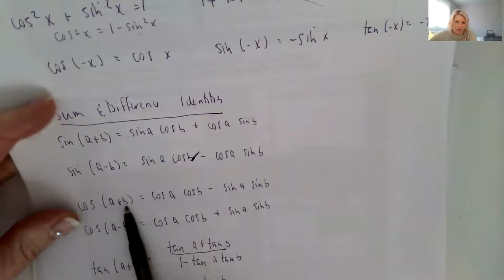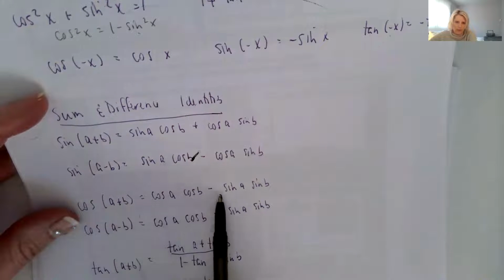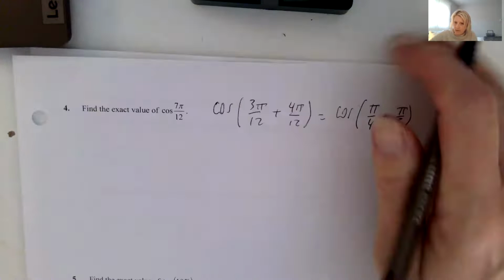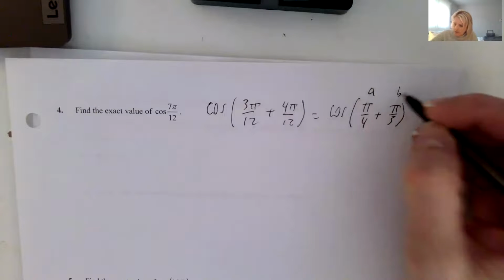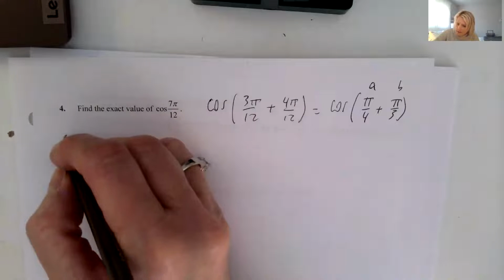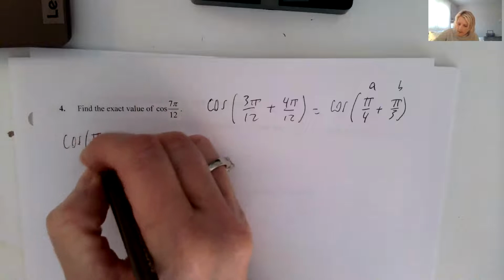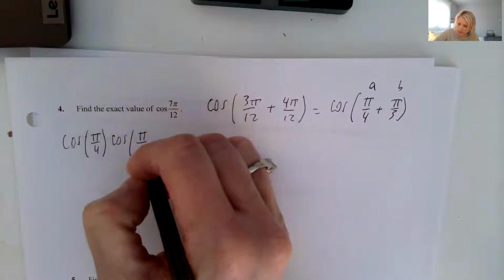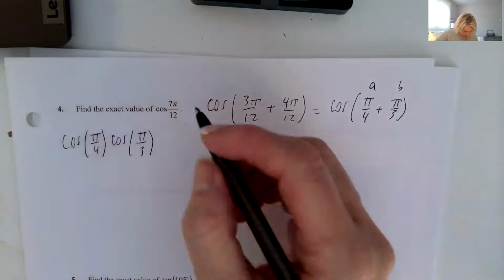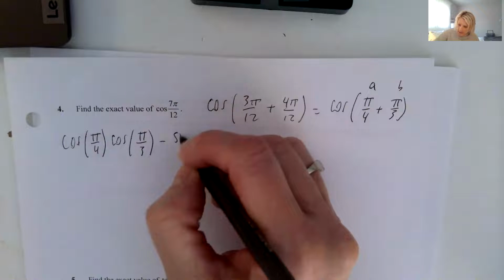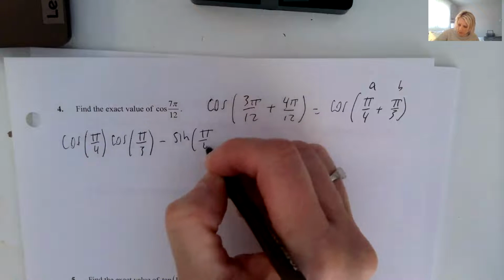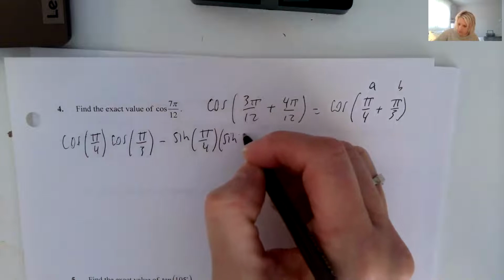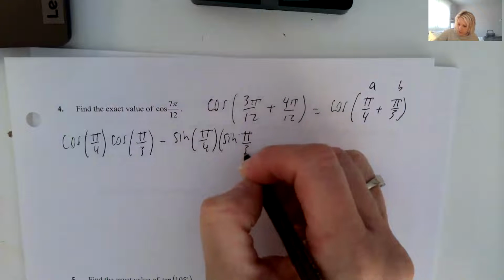Our sum identity for cosine is cosine A cosine B minus sine A sine B. So this is going to be our A and our B. So cosine of pi over 4 times cosine of pi over 3, minus the sine of pi over 4 times the sine of pi over 3.